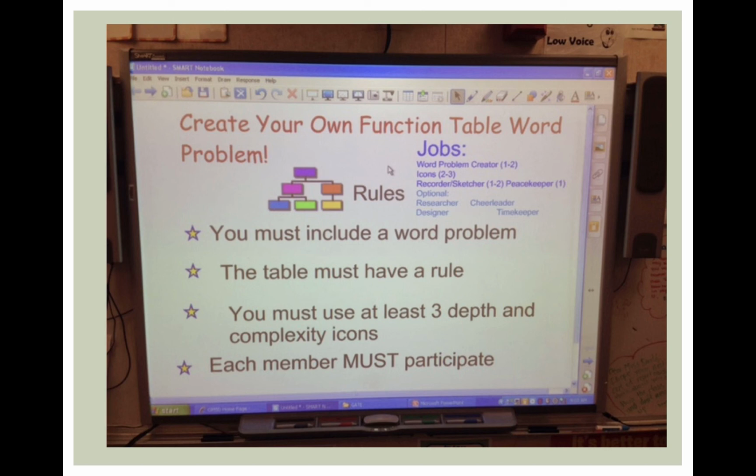Of course, this one really focuses on the rules of function tables. And here are the jobs that students have to ensure that they complete, with the stipulations of the assignment. You must include a word problem, the table must have a rule, you must use at least 3 depth and complexity icons, and each member must participate.